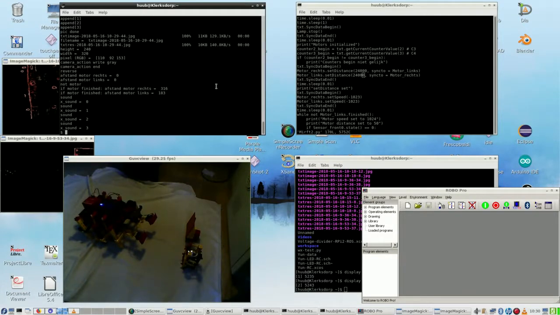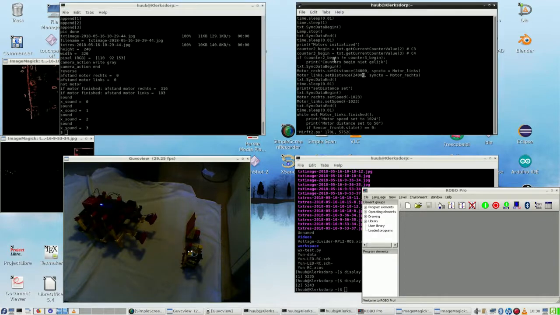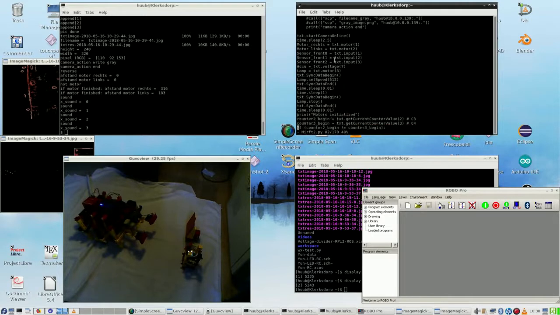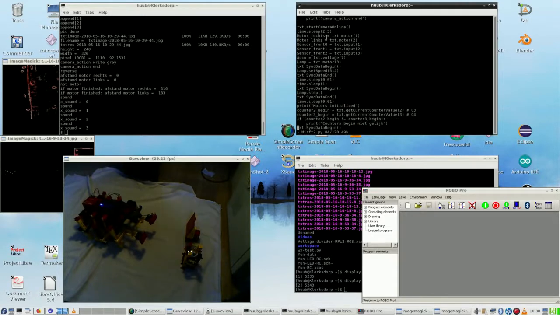So what is set distance anyway? What is the purpose of counter value? How are they related anyway? Look here at the declaration. So I have a TXT. TXT says get current counter value, which is C3 obviously.